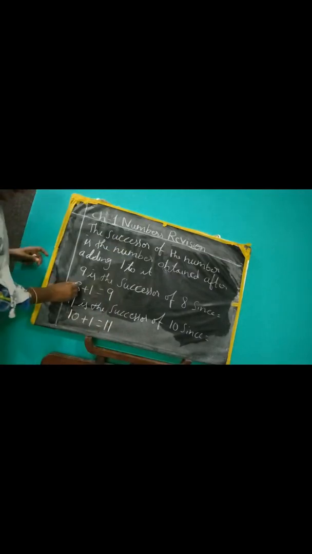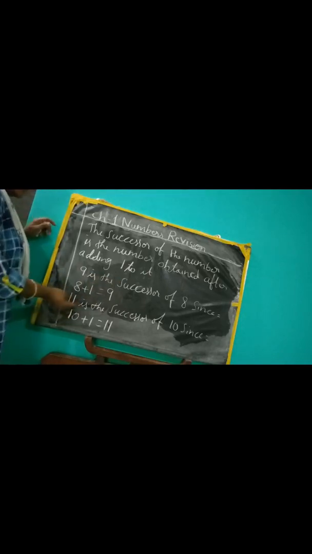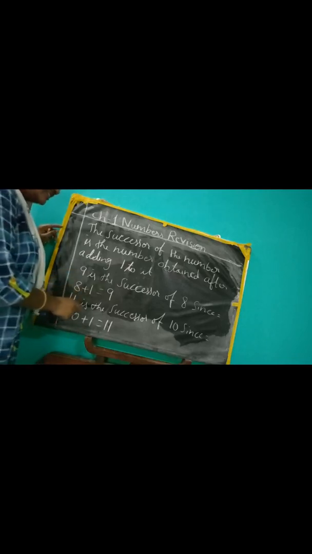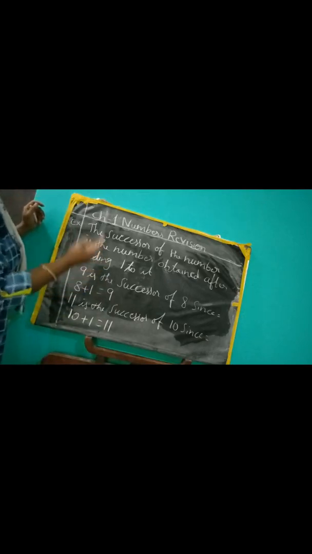See, here we added 1. That's why 9 came. In the 8 we added 1. That's why 9 is the successor of 8. Understood, children? Here, in the 10 we added 1. That's why 11 is the successor of 10. This is an example. Okay, predecessor. First write this. What we did here in the successor? We added 1.